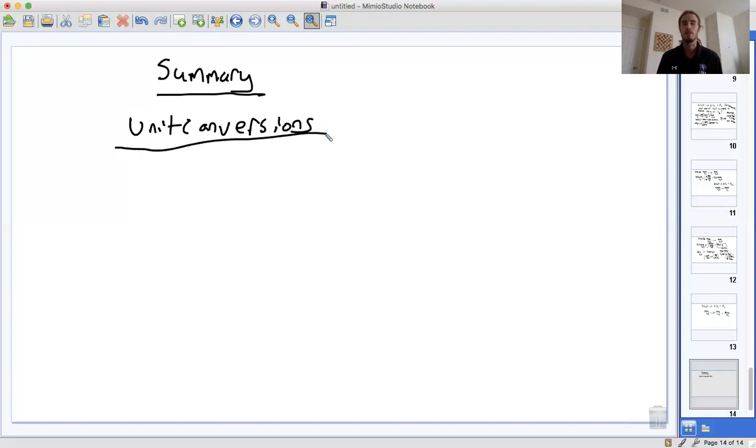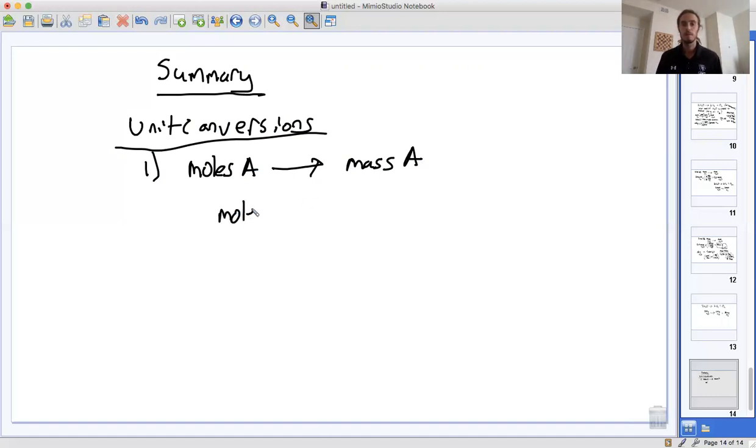We went over unit conversions, and we looked at 3 different unit conversions. We looked at converting moles of a substance to mass of a substance, in which case you use the molar mass and you set up a conversion factor.